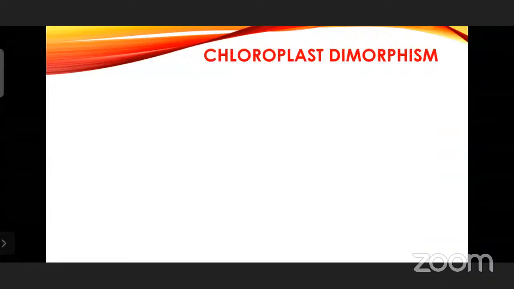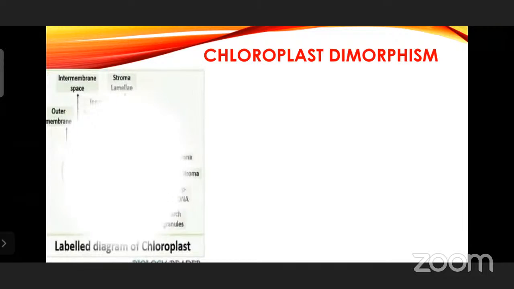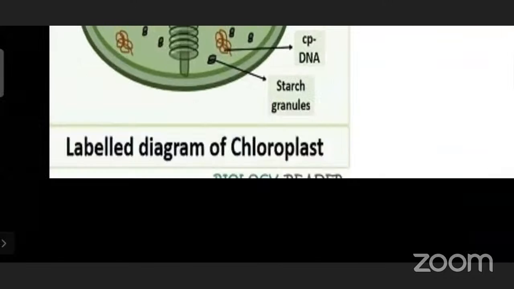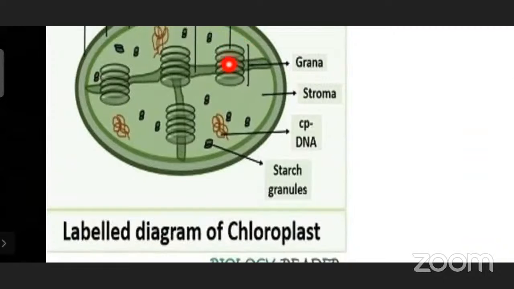Next, chloroplast dimorphism. So chloroplast is not the same for all plants. Some plants have Kranz anatomy. Here you can see there are two types. The common type, as you already know, has the grana green in color, with the thylakoid membrane arrangement, and the stroma, the colorless.